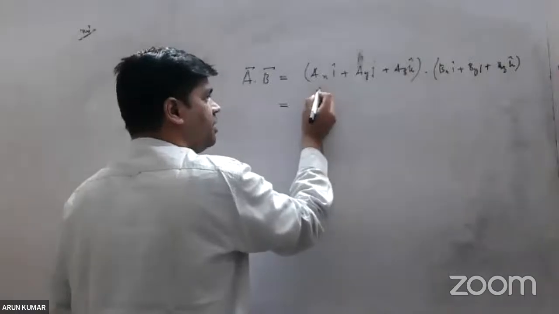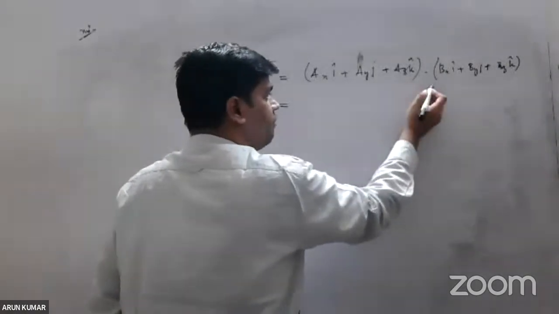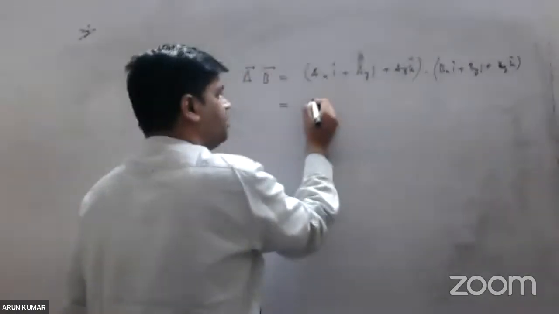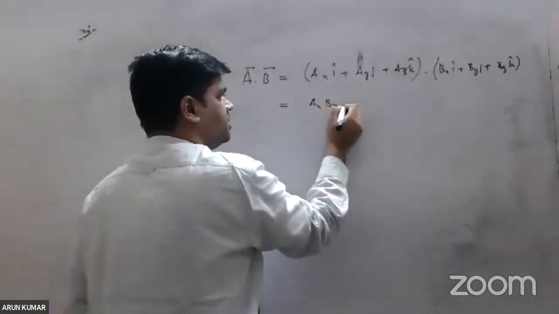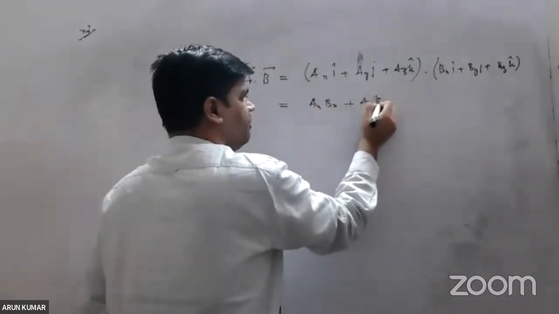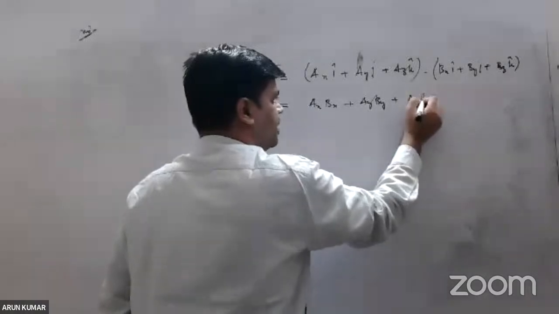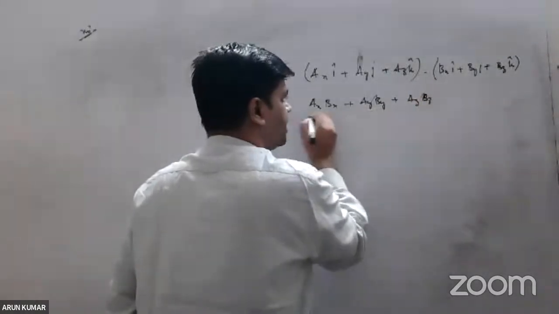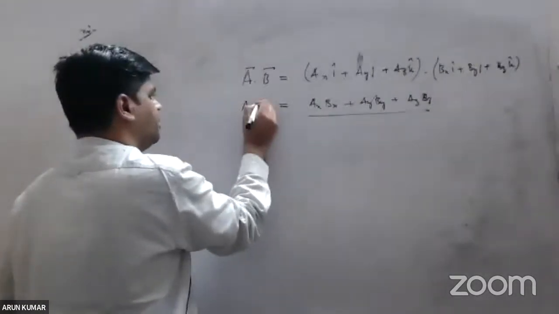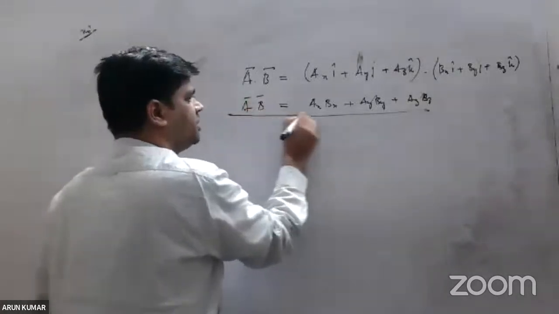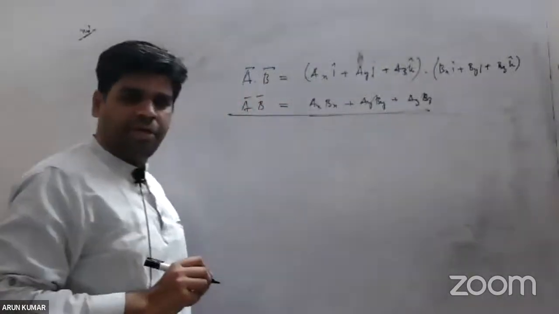I get the dot product by multiplying the corresponding components of i cap, j cap, and k cap: ax bx plus ay by plus az bz. This is my dot product, which is a scalar.